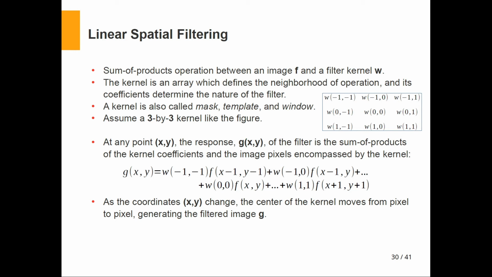Linear spatial filtering usually performs a sum of products operation between an image F and a filter kernel, which we call here W. The kernel, as I said before, is an array which defines the neighborhood of the operation, and its coefficients define the nature of the filter. A kernel is usually also called a mask or a template or a window.